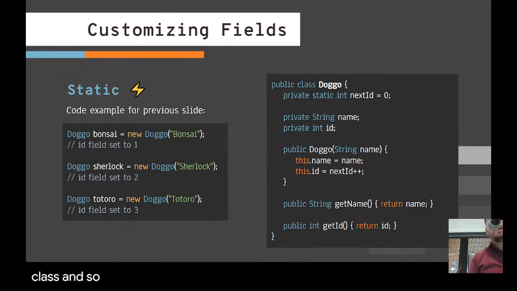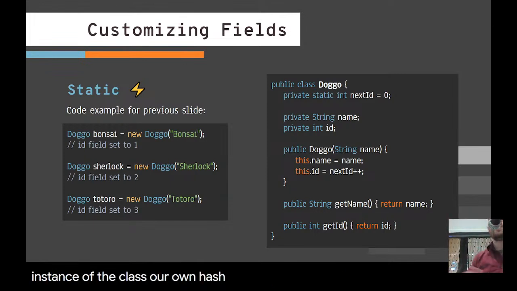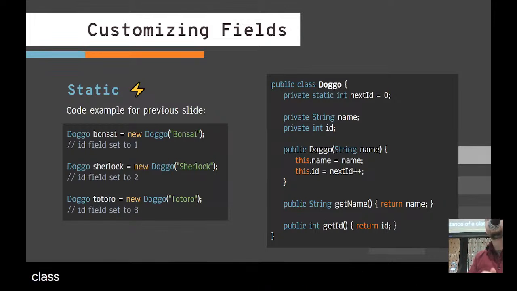We're referencing the hash map Java class and then creating an instance of the class, our own hash map. And so that would be an object that we create. And so, yes, every object is an instance of the class, and yes, every instance of the class is an object.